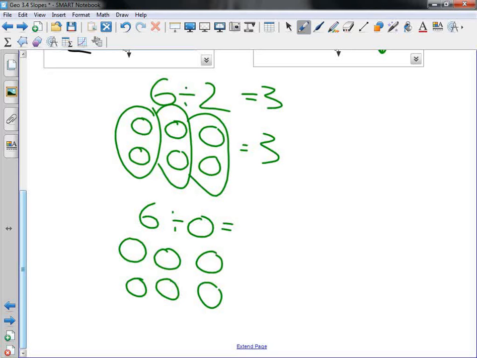I'm going to take away another group of 0, give it to Drave, take away another group of 0, give it to Kaylee in the back, take away another group of 0. How many do I get to share with? I'm going to share 0 with everybody. When am I going to run out? Never. I will never run out. Will I ever find an answer? No. That's why anytime you divide by 0, it's called undefined, which your calculator will say is an error.